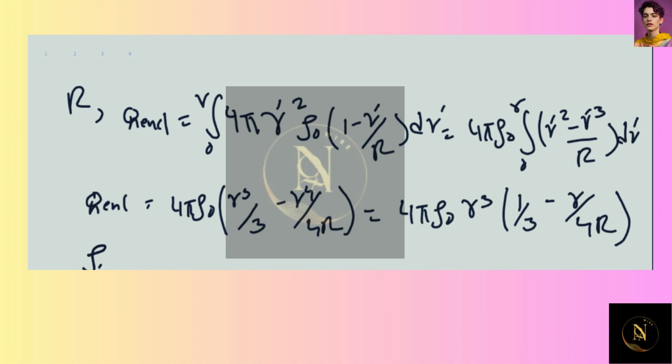Then rho naught is 3Q divided by pi R cubed.